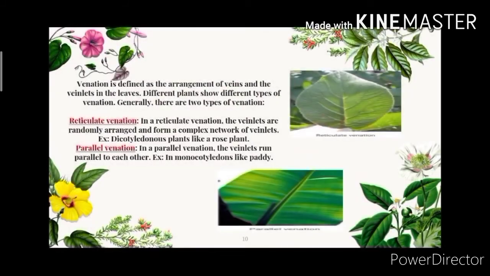Like in our body, I have told you that there are various veins and arteries arranged. So in plants also there is an arrangement of fine tubule-like structures, and this is known as venation. Basically, venation is of two types: reticulate venation and parallel venation.